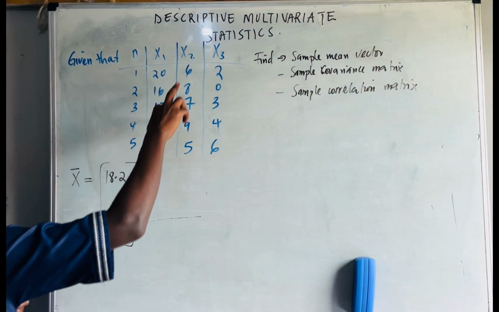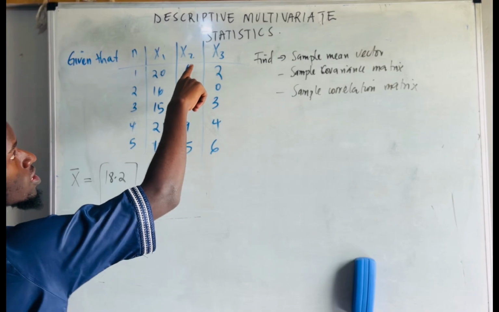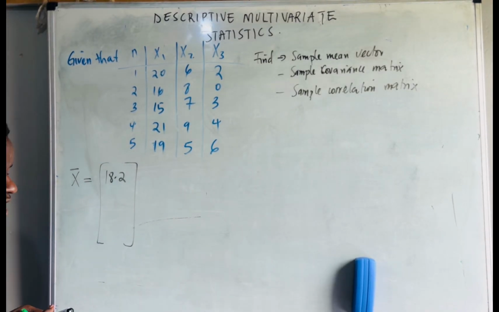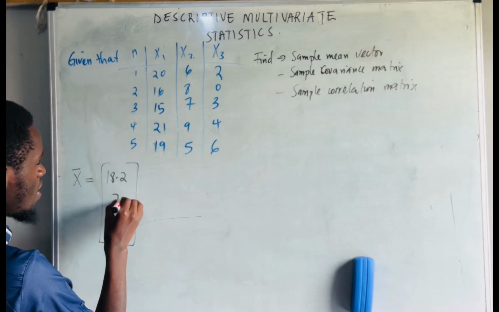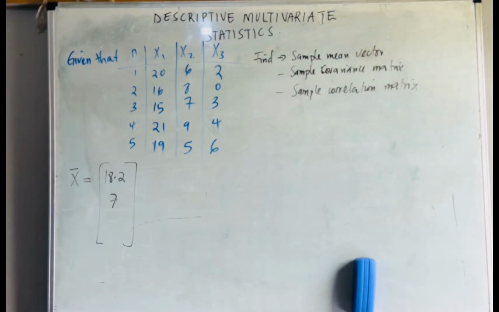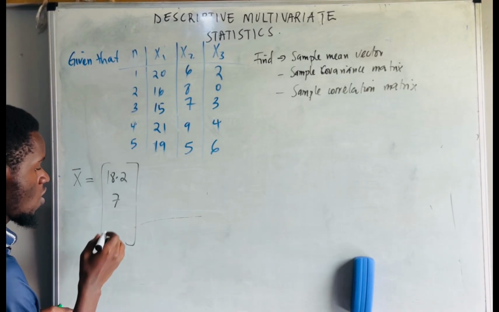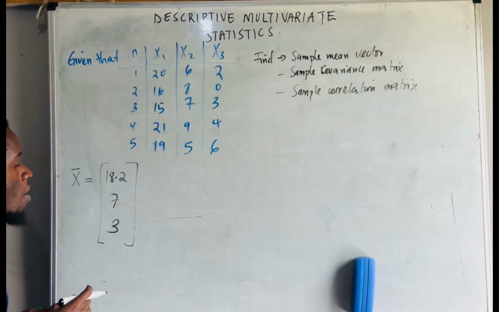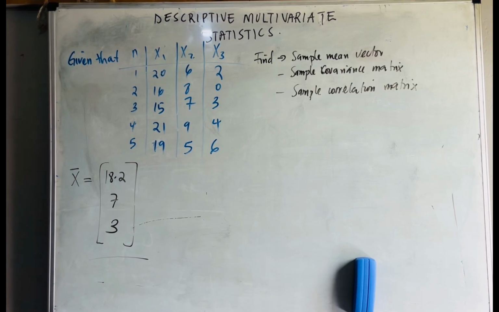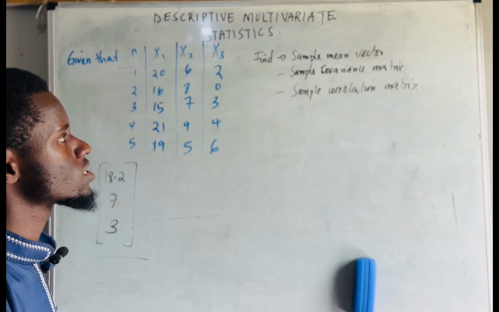To get the mean of x2, we add 6 plus 8 plus 7 plus 9 plus 5 and divide by 5, which gives 7. Likewise, adding 2 plus 0 plus 3 plus 4 plus 6 and dividing by 5 gives 3. Therefore, members, this is our sample mean vector. As easy as that. Now let us go ahead and find the sample covariance matrix.